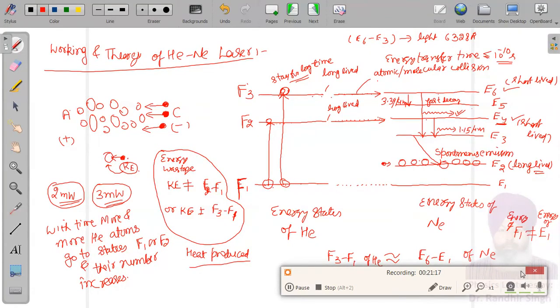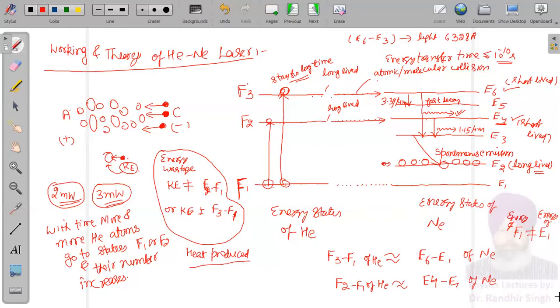Okay students, this is a long lived state, so we have to bring atoms from E2 to E1 forcefully. This is called induced de-excitation. We have to do it.